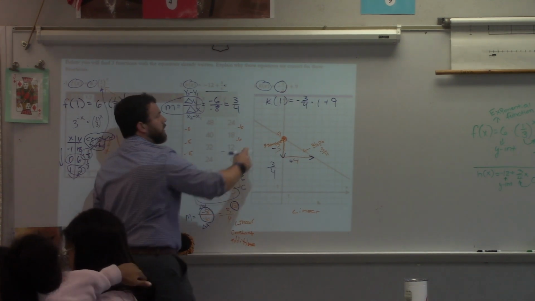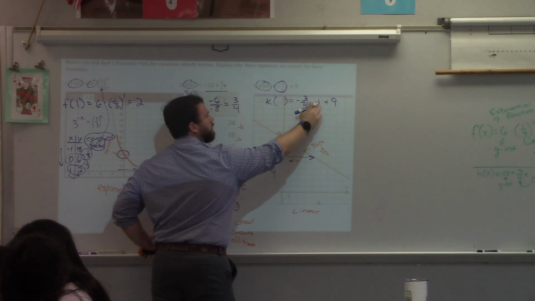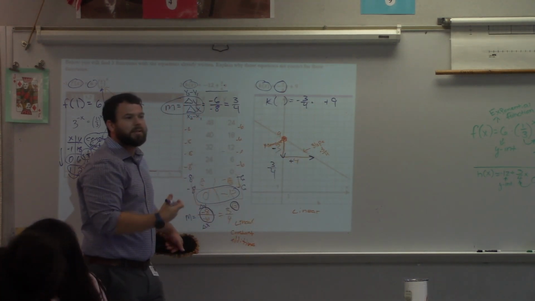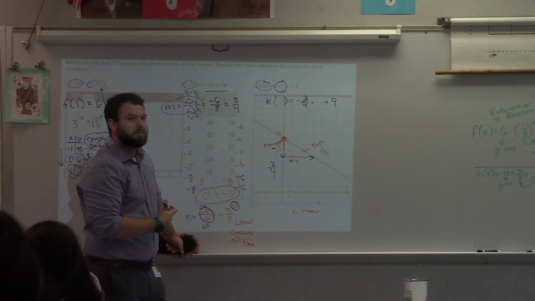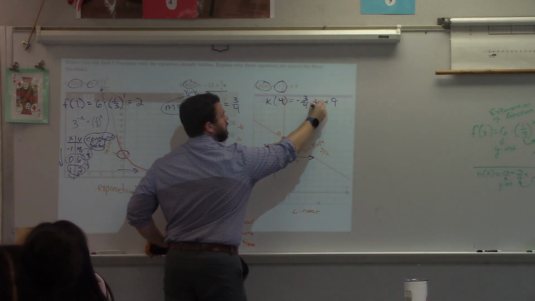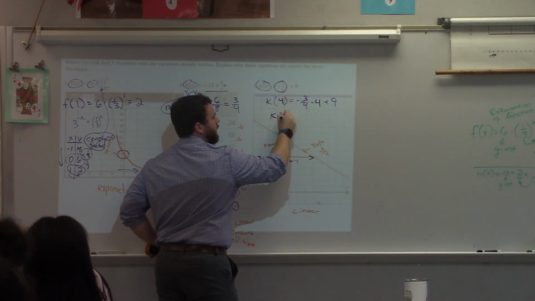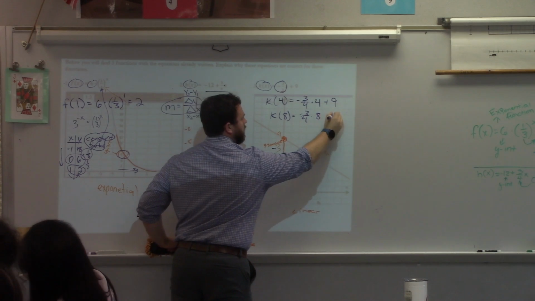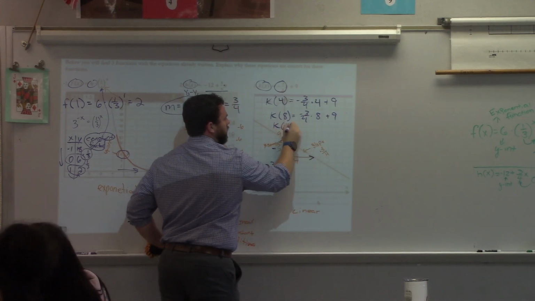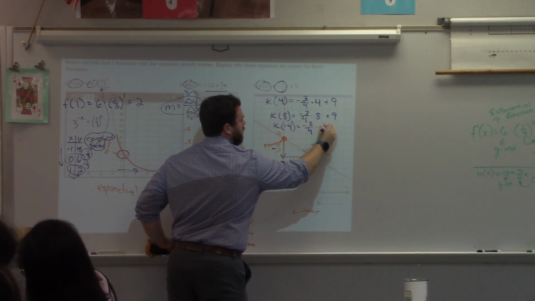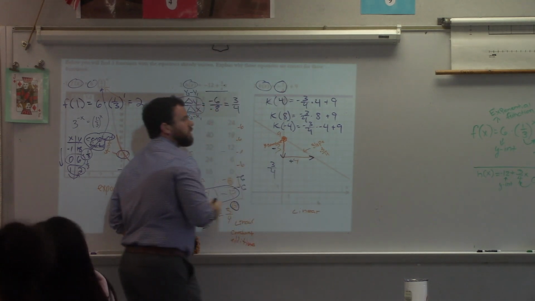Does anyone know what a good input right here would be? To make it easy to simplify? What about a 4? Or maybe an 8? Or what about a -4? Where am I getting those numbers from?